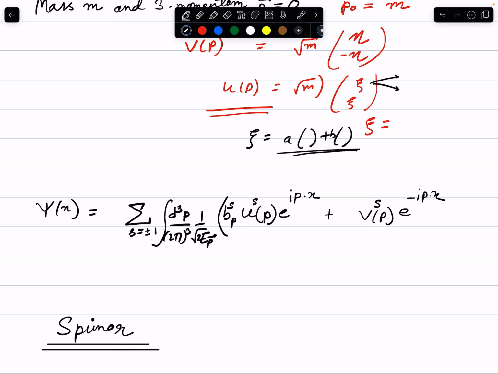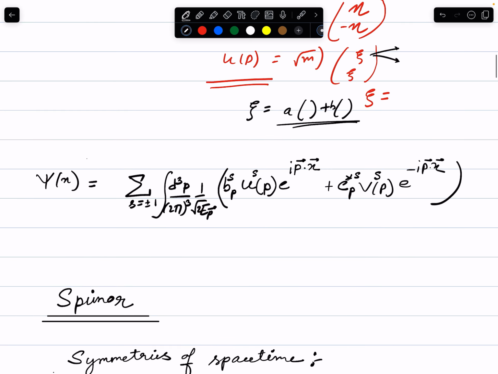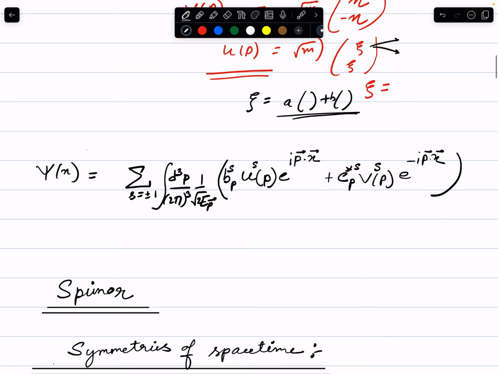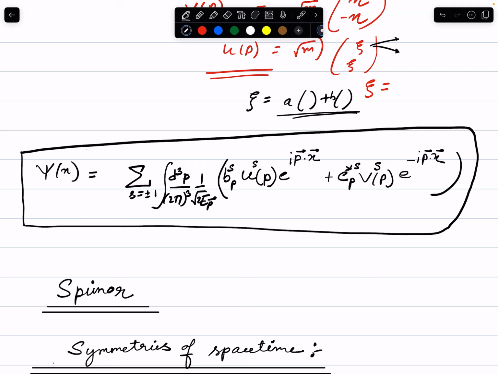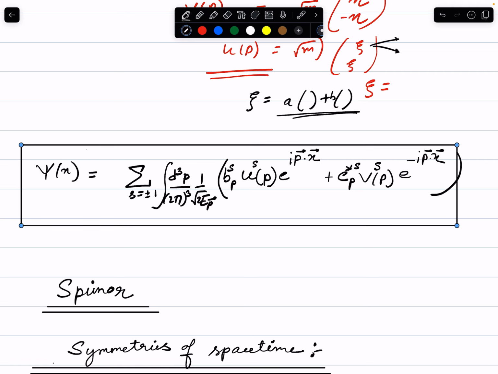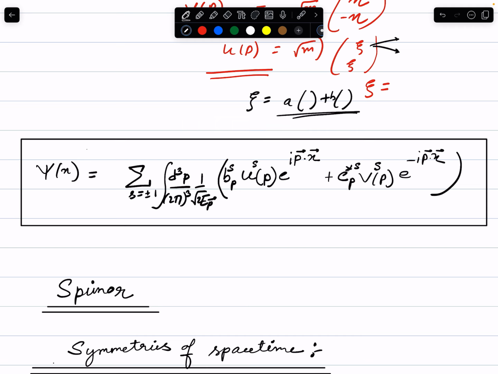And so here I am working in the Schrodinger picture, not quantum mechanics yet, and this we call c star_sp. Okay, and these b and c will become operators, creation and annihilation operators, when we go to the quantum theory. Okay, so this was the recap of the last class.